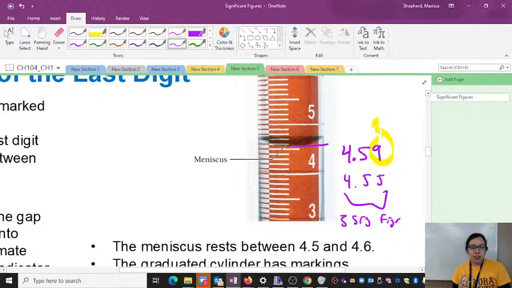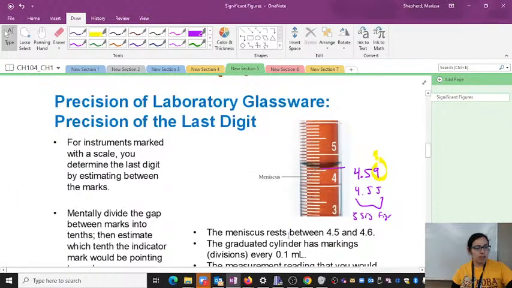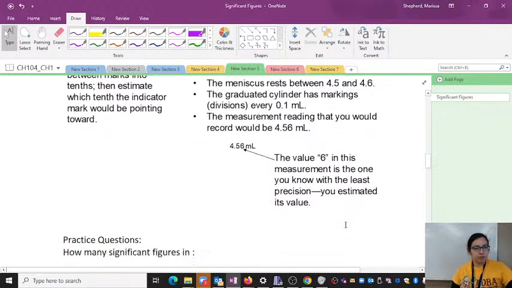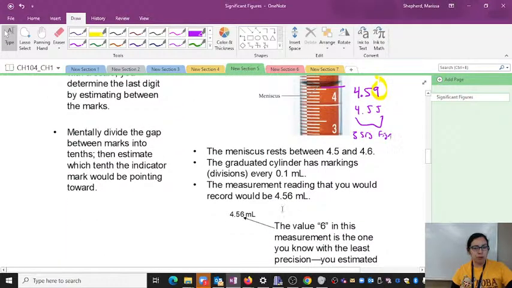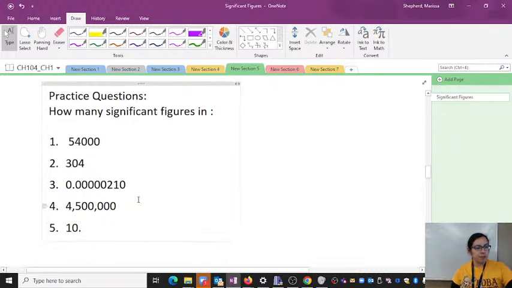There's uncertainty in that last digit just from the precision of our glassware, and that's going to affect all our measurements and how accurately we can calculate things like the density or volume. They came out with 4.56, but again, you could argue whatever.